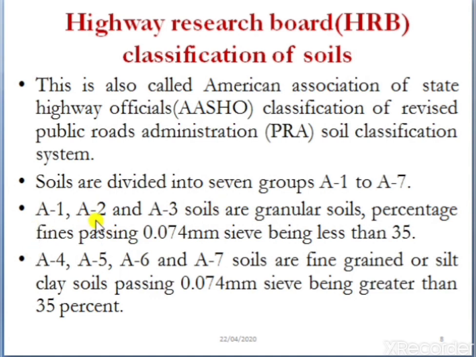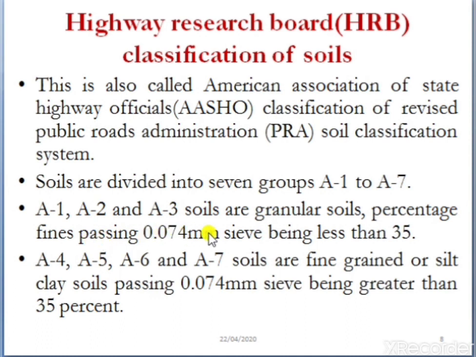And coming to the A2 classification, the A2 group of soil includes a wide range of granular soil ranging from A1 to A3 groups, consisting of granular soil with up to 35% fines of A4, A5, A6 or A7 groups based on the fineness content.